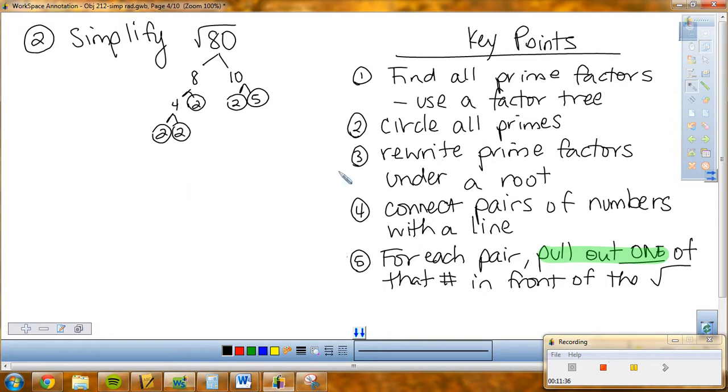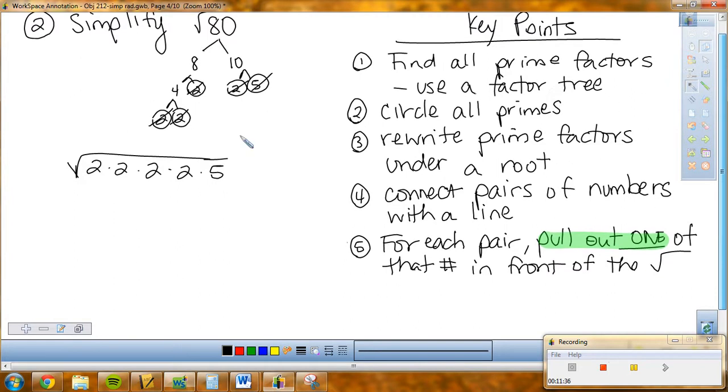Step 3, I want to rewrite my prime factors under a square root. So I have 2 times 2 times 2. You need to be crossing them out as you go to make sure that you're not missing any. And then 2 times 5. And those are crossed out as well. Step 4, I want to connect my pairs of numbers with lines.